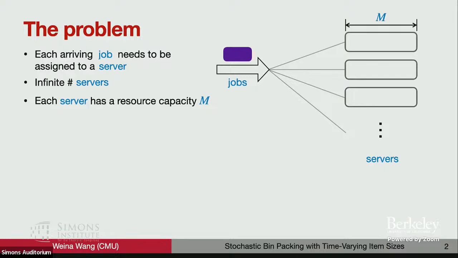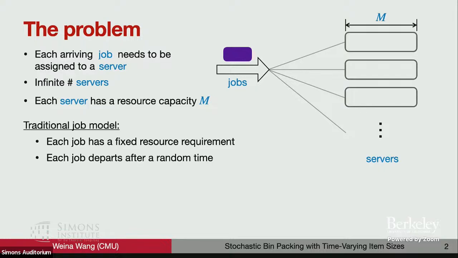In the traditional job model, each job has a fixed resource requirement, determined beforehand, throughout the whole time the job is in the system.